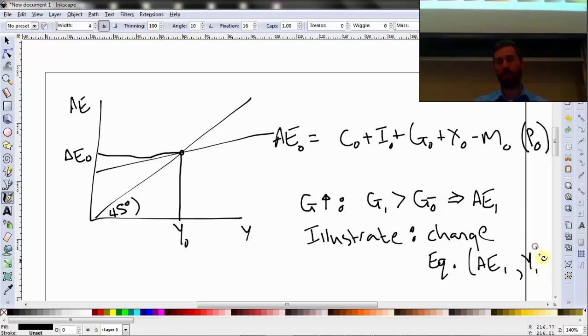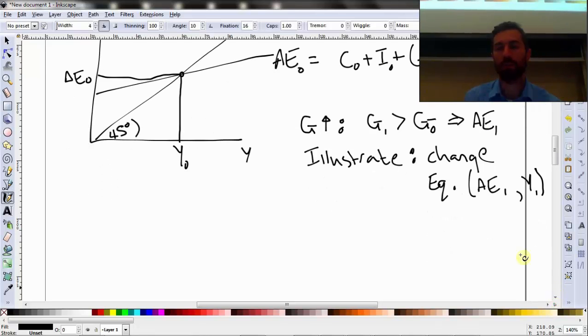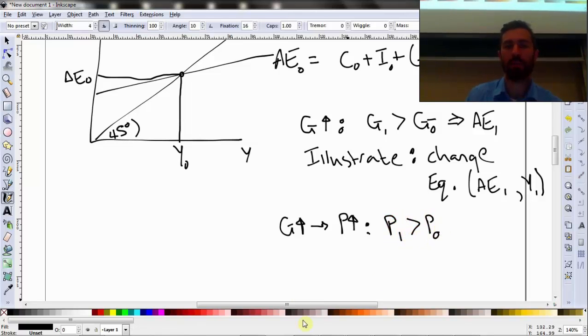So there will be some level of output, aggregate expenditure level 1 and output level Y1. Okay, so that will be on your diagram. Then what I want to do is to say that this increase in government spending also leads to an increase in prices, such that price level 1 is greater than price level 0. Okay. What I'd like you to do is then illustrate that as well.